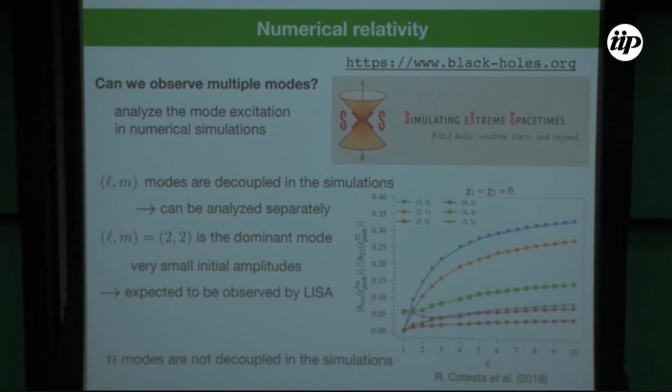This means that the initial amplitude of the wave of this mode is much higher than the other modes. Here in this plot, we can see the ratio between some higher modes and the quadrupole moment, and we see that the amplitude of the other modes is much lower than the amplitude of the quadrupole moment.